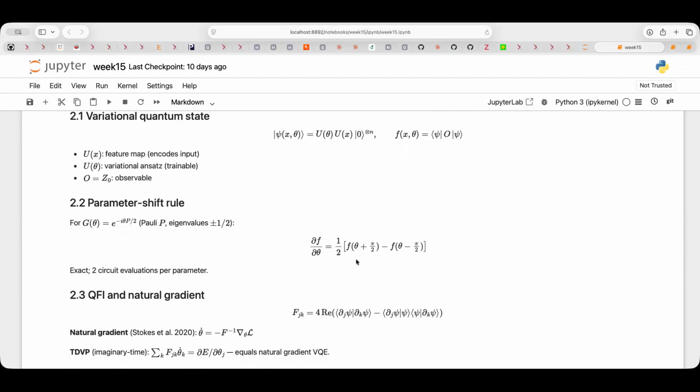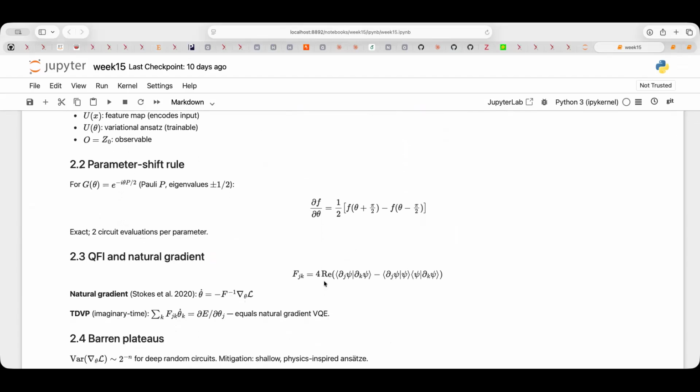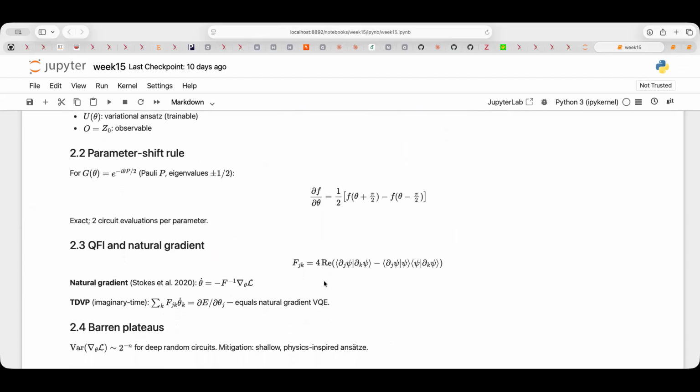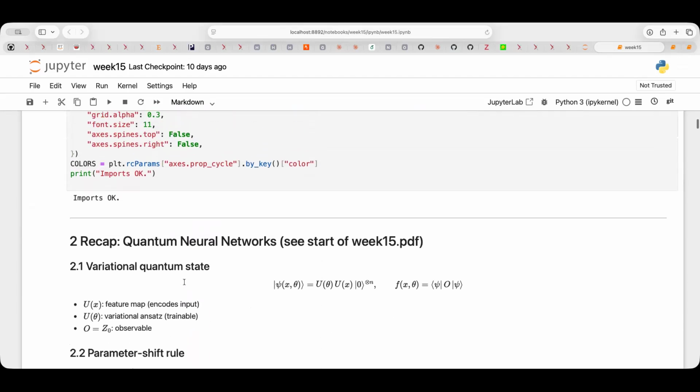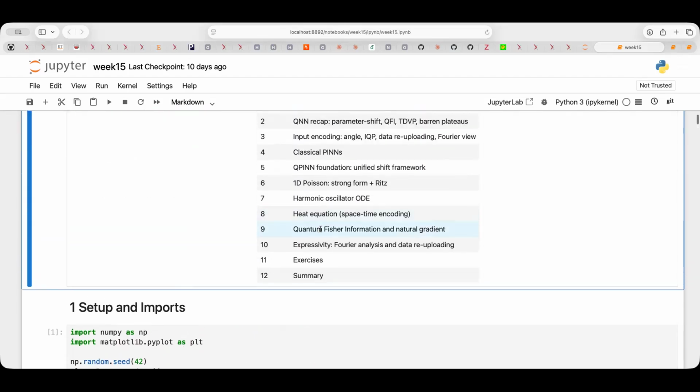Again, the parameter shift rule is the same, but we have now in one of the codes actually included what is called a natural gradient. And you will see that in the example here, in section 9, there is an implementation of the quantum Fisher information.